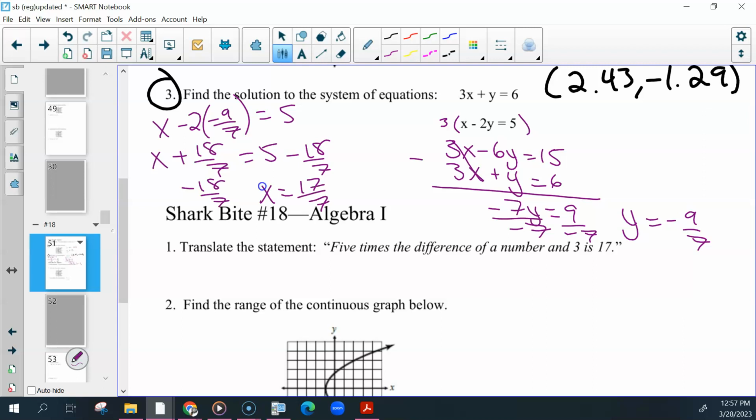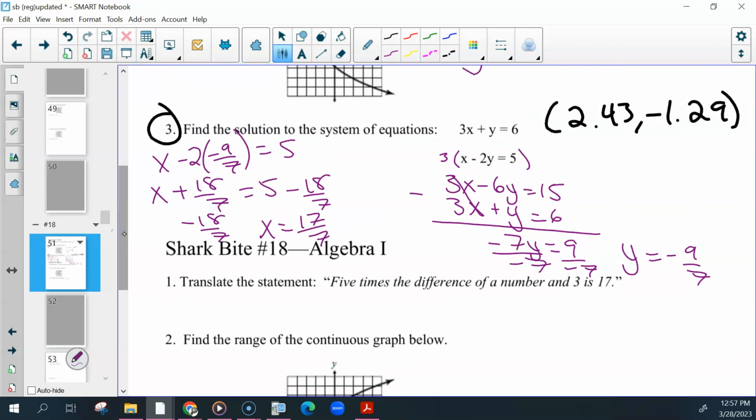So then your ordered pair, if you're writing it in fraction form, would be 17 sevenths, negative 9 sevenths. It's not very nice. Questions on that? Band-Aid, yes. Band-Aids have been popular today.